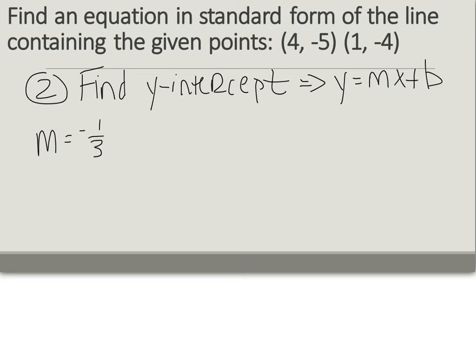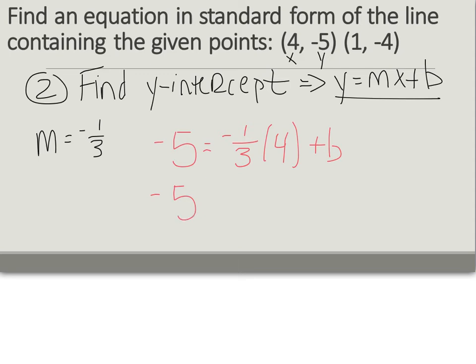And then we're going to use either of these points as our x and our y. I don't care which one you use. I'm going to use, I don't know, maybe this one. So I'm using this formula, but instead of writing y, I'm going to write -5, because that came from the point. Instead of writing m, I'm going to write -1/3. Instead of writing x, I'm going to write 4. And now I'm going to solve for my y-intercept.